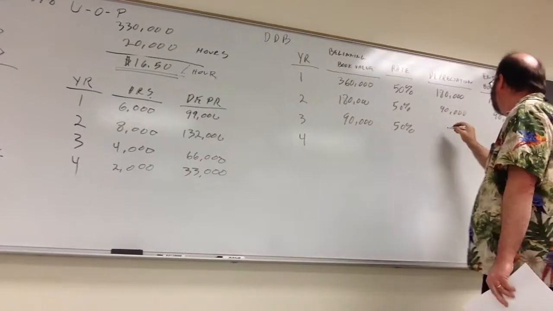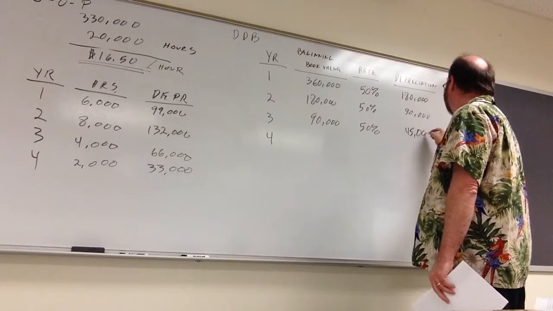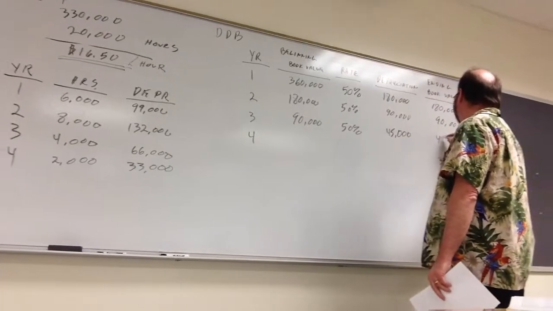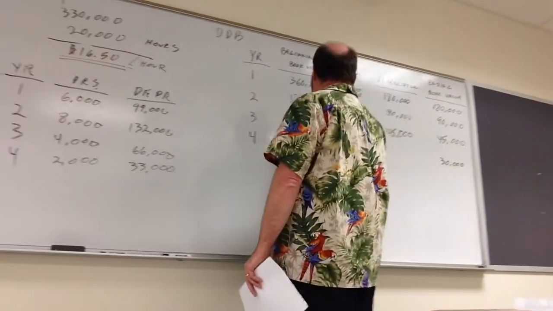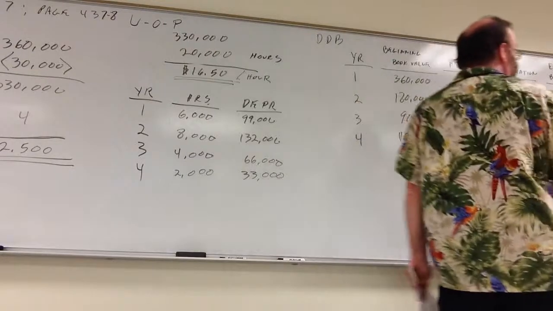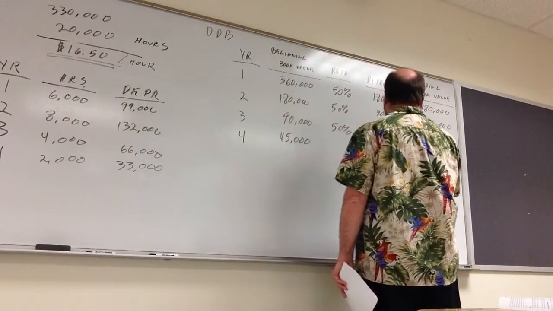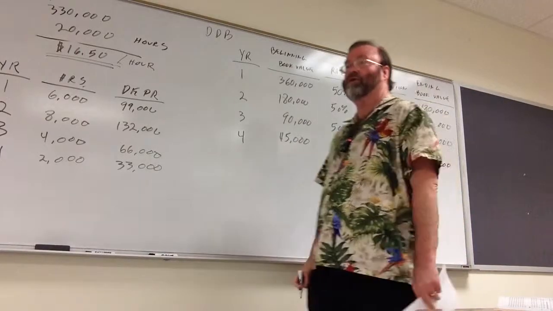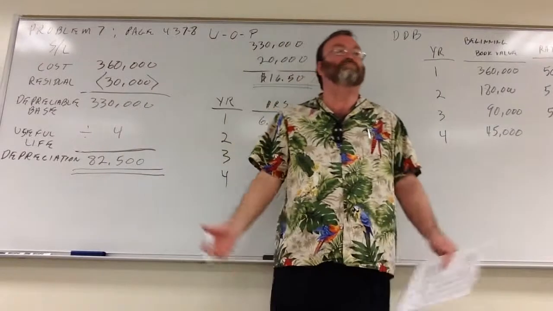Percent gives you 45, 45, and in the fourth and final year, you have 15,000 left in order to take it down to the residual salvage value.